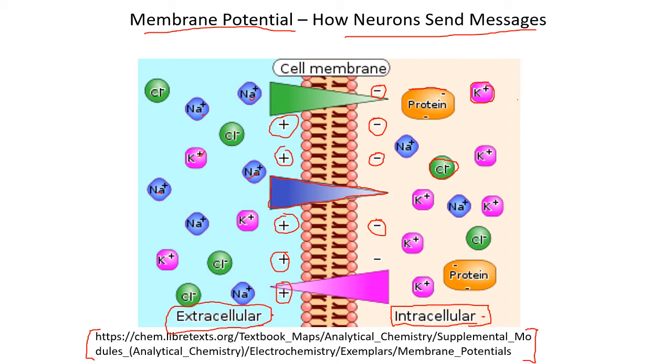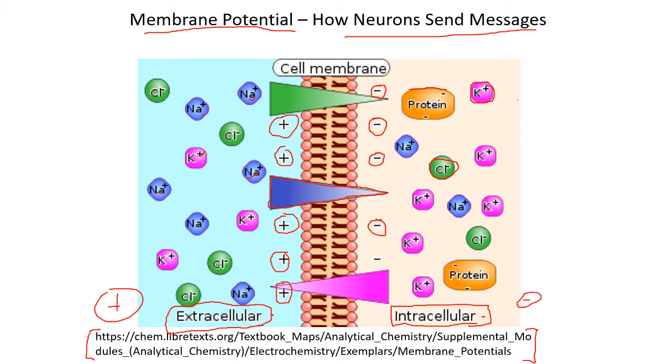So when we're resting, all of these channels are closed, and we have this intracellular, extracellular, negative on the inside, positive on the outside. It's our neutral starting point, if you will. Not neutral because of the charge, but that's our starting point.